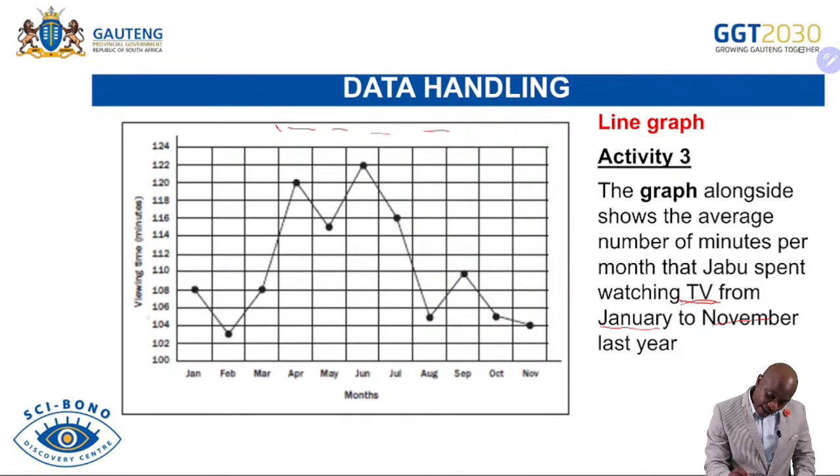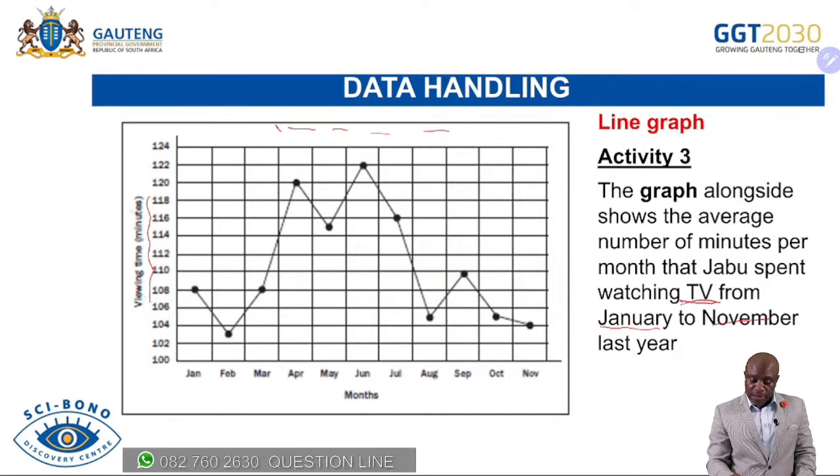So what do we have on the y-axis, or the vertical axis rather? This is viewing time. So that means in January, Jabu watched TV for 108 minutes, and going on until what?